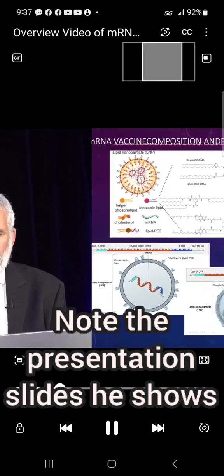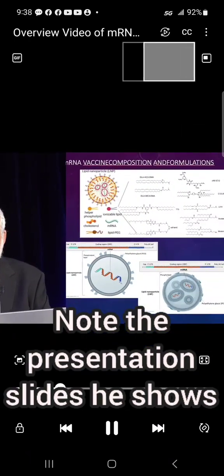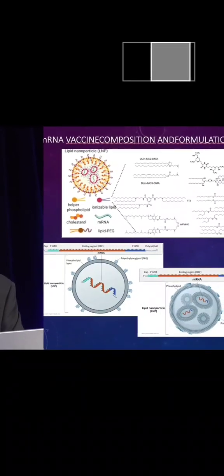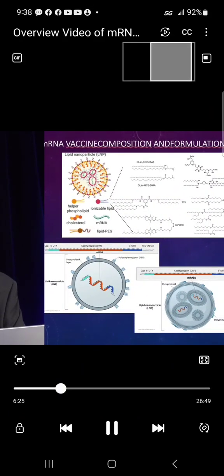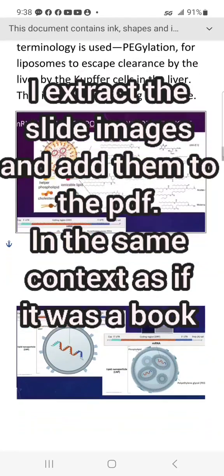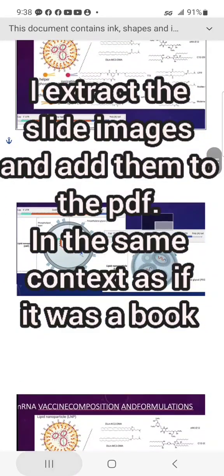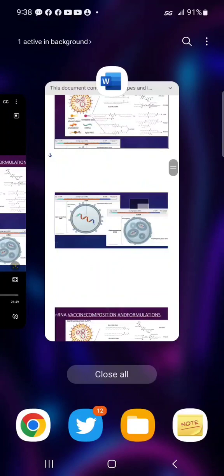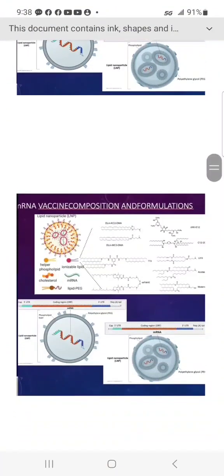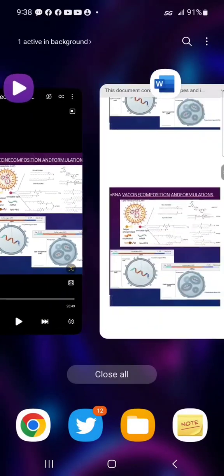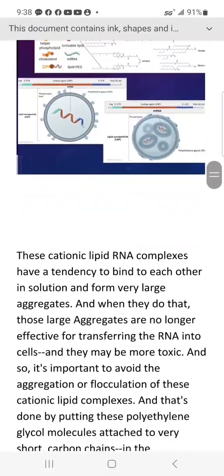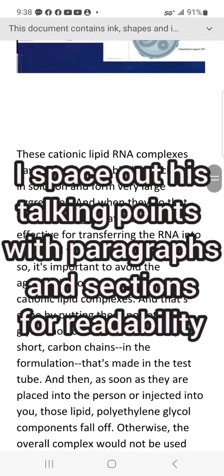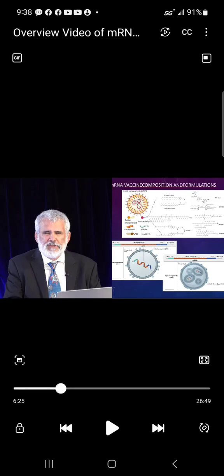People often get confused about the use of the polyethylene glycol. This is a molecule that's been used in liposomes for therapeutic purposes for many years.